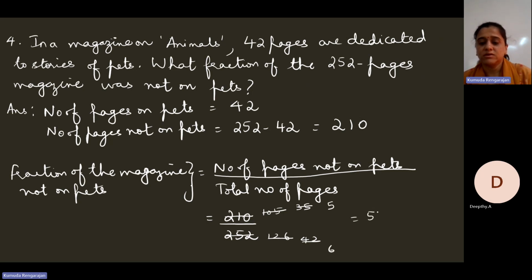So the fraction of the magazine not on pets is equal to 5 by 6. Have all of you done this one? It's done.